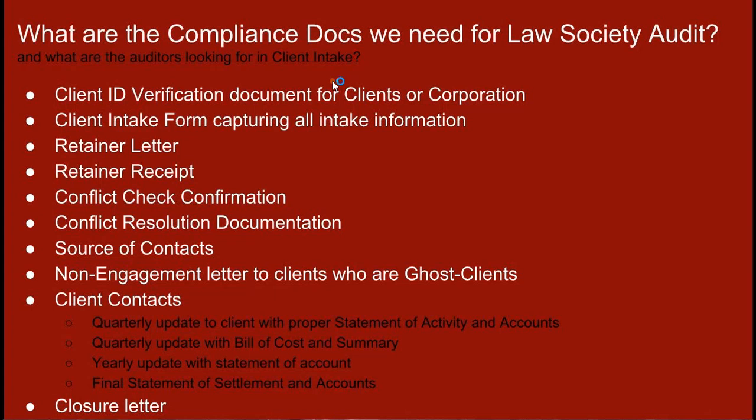And both for closed clients as well as for ongoing active clients, beyond a quarterly, you could have every 6 months and sometimes a yearly update with a statement of account.